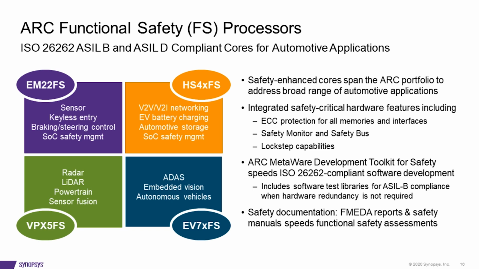We have our dedicated vector DSP processors called VPX, and then we have our embedded vision engines, which combine vector DSP with a scalar core, as well as having a convolutional neural network attached to address some of the applications required there, especially in the ADAS space.